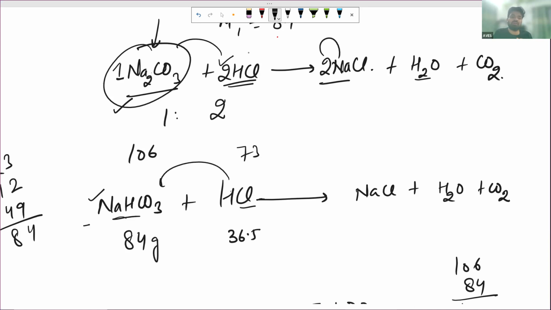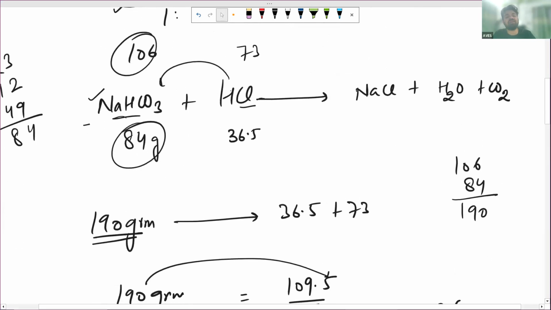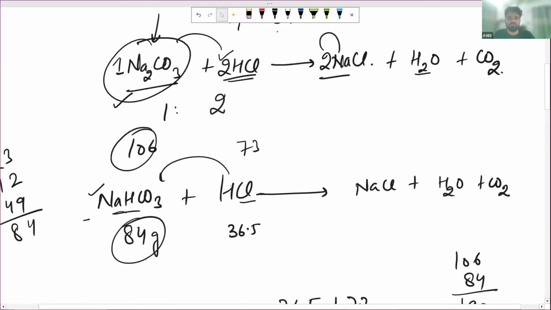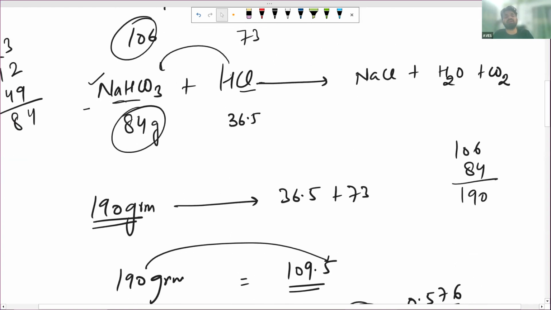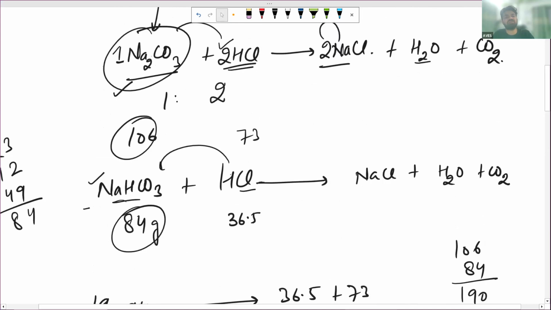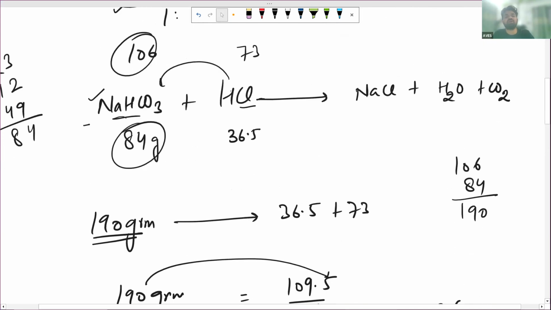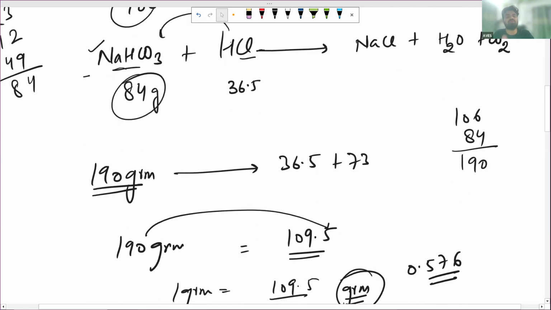Okay. And the total weight of this one would be, you add up these two, you get 190. So in short, we can say that for every 190 grams of solution containing 1 mole of this one and 1 mole of this one, we will require 36.5 for this one and 73 for the above one. In total, we will have 109.5 grams of HCl.